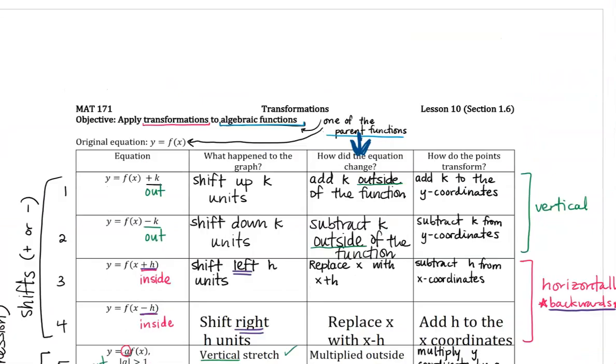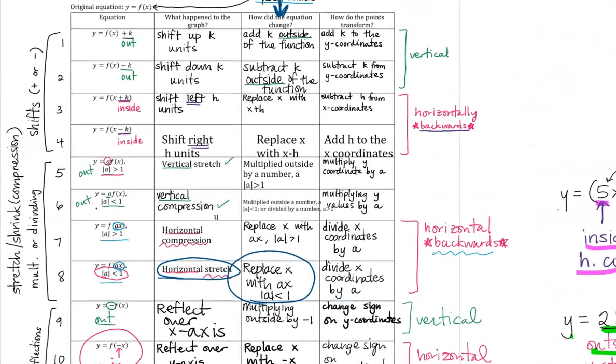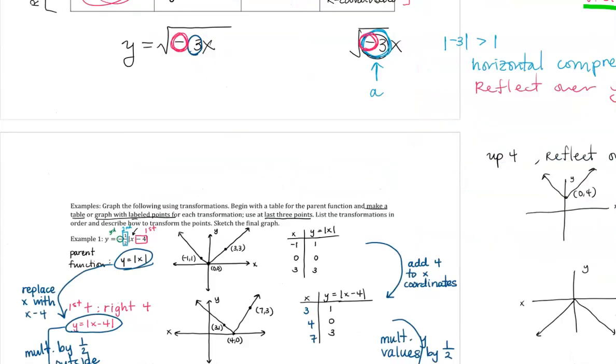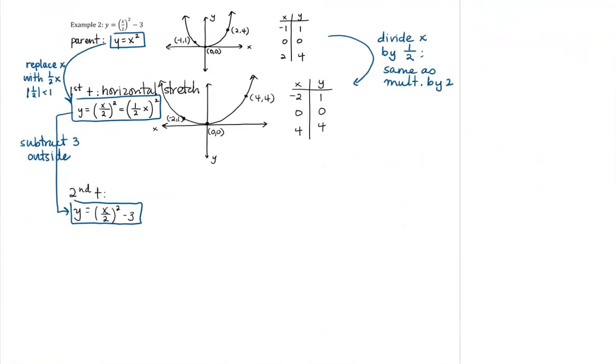So now I go up to my table and look for where we subtract on the outside of the function. That happened in number 2, which tells us that our graph is going to go down 3. To get our new points, we will be subtracting 3 from our y coordinates. So I now know that the second transformation is a shift down 3.